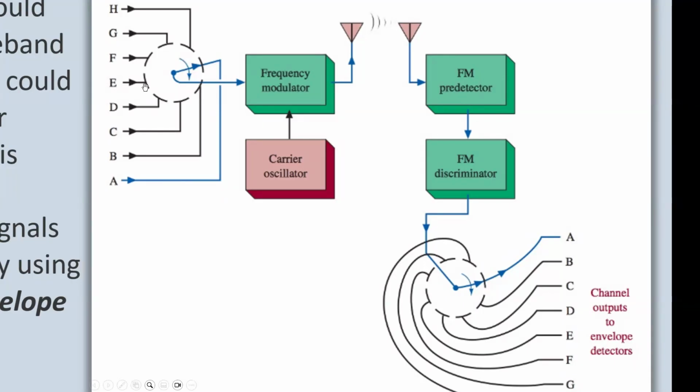However, if this thing spins fast enough, and all we have to do is make it spin for the voice, just the voice, twice as fast as the highest frequency present. So for voice it would be 6 kilohertz.